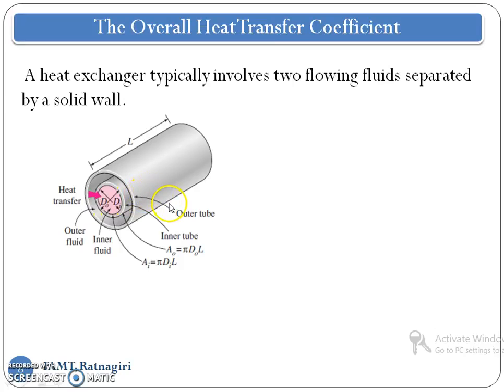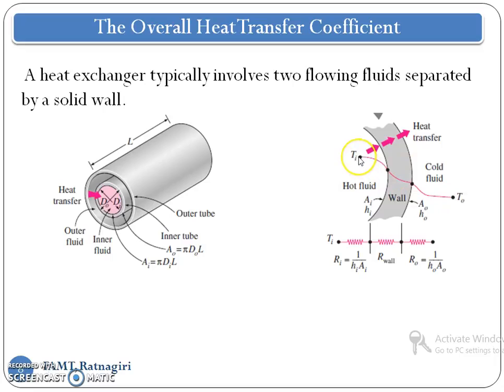This is the outer tube, this is the inner tube, and considering the area, here we have pi d L, where L is the length of the tube, and d_o and d_i are the outer and the inner diameter.